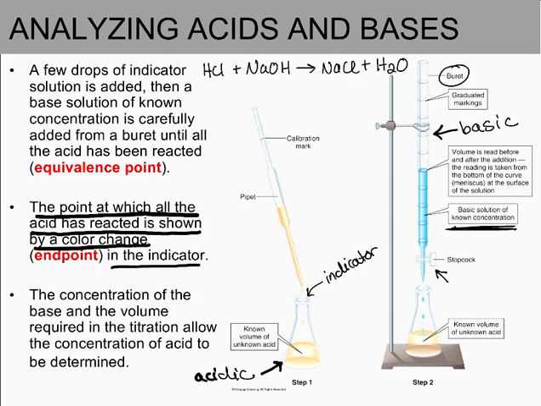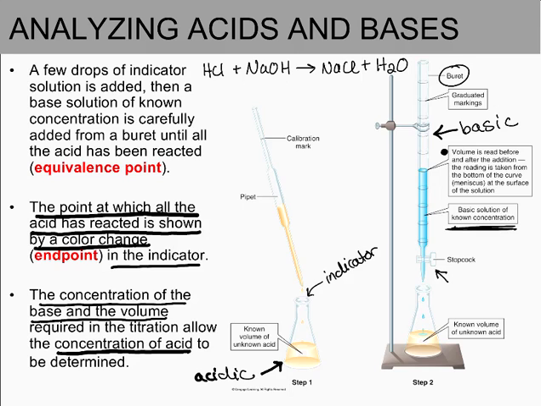Now the other thing we do is we read the volume in the burette before and after adding base. And then we take the difference to figure out how much base we actually added to our acid. So the concentration of the base and the volume that we added allows us to determine the concentration of acid.